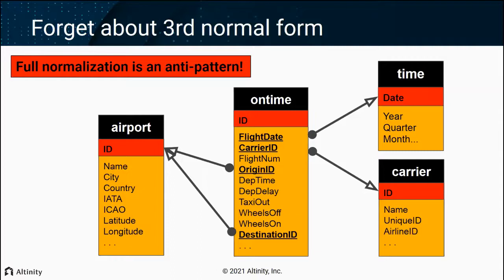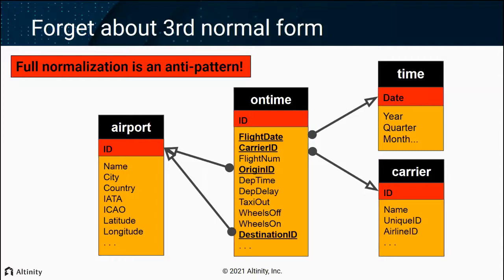They have a destination, which is an airport. And so there's a bunch of information about airports. We put that in a separate table. We then refer to it using what's called a foreign key reference. This ensures that we can change the airport data, and it'll be properly reflected by every single user. It also minimizes the amount of storage, because if we had put this airport data into on time, as we say, denormalizing it, it would use a lot more disk storage.